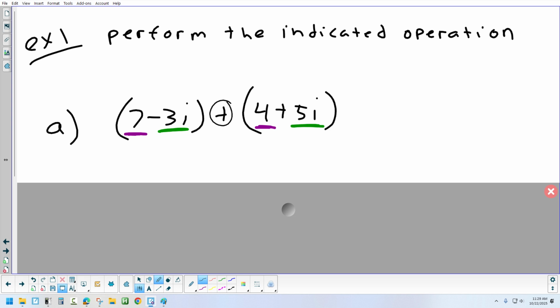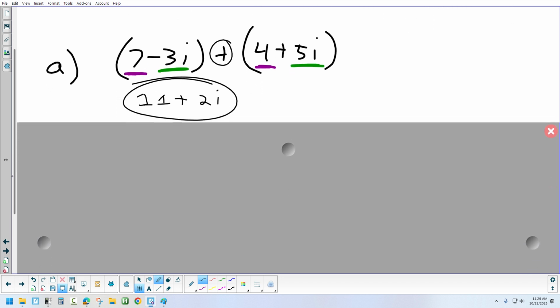If you take each real part and add them together. Yep. So we get 11 plus what would be the imaginary part? Yep, 2i. It's negative 3i plus 5i. So that's adding complex numbers.